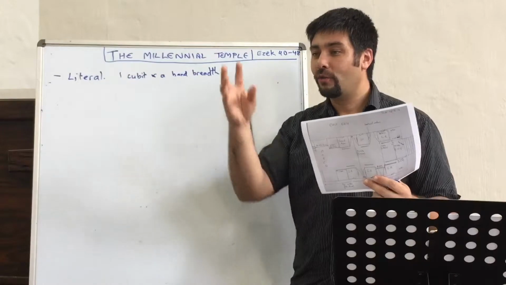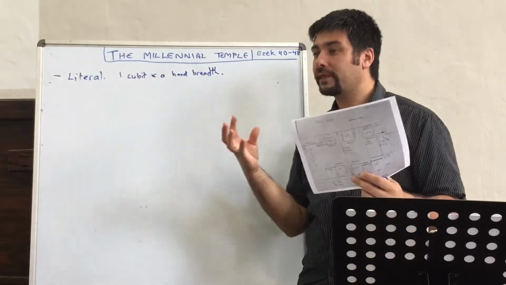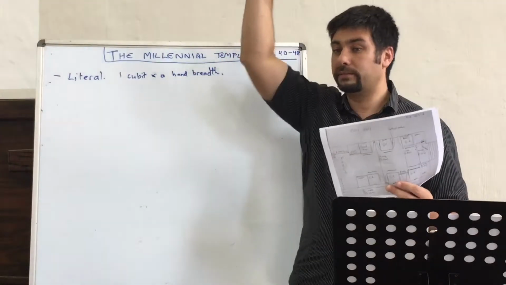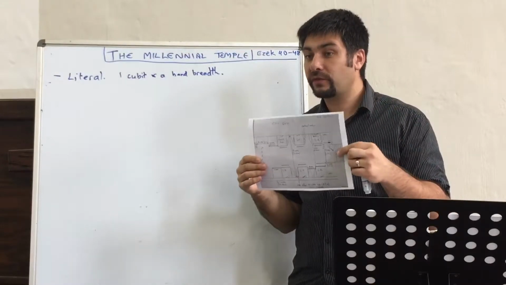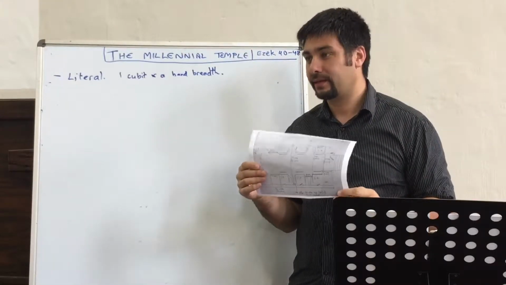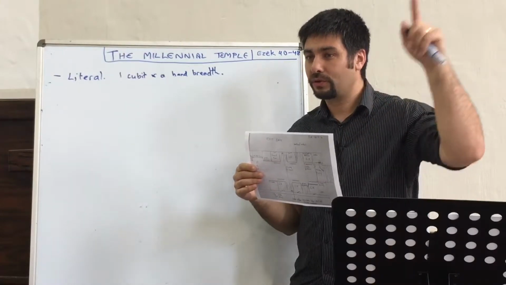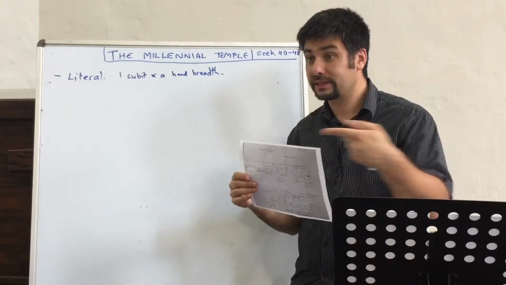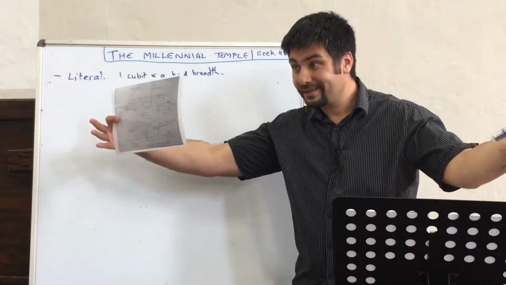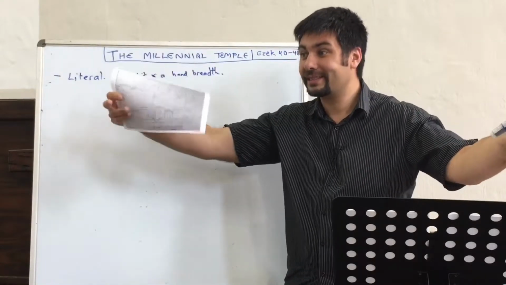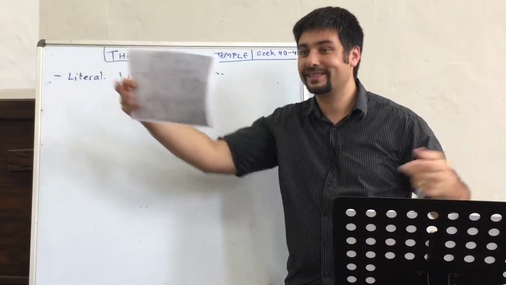And therefore, he saw God's glory depart from the temple, go up to the Mount of Olives, and go up to heaven. What God is showing through this vision is that the glory is going to come back. Just as that glory left that temple, so the glory is going to come back into a literal temple. One is similar to the other, except one is unrighteous and one is righteous.